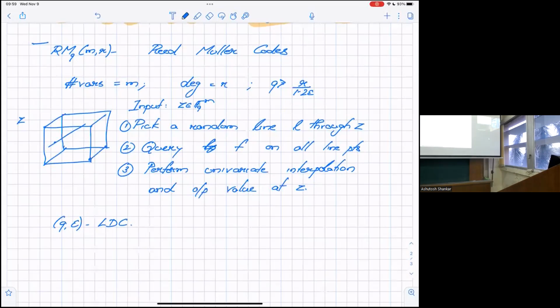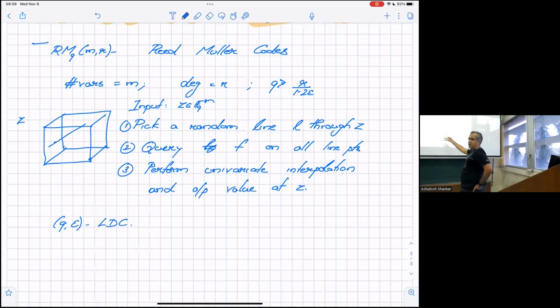It's epsilon, that's what's given to you. We are reading q points. What's the probability that any one of the q points is erroneous? Epsilon q. So as long as the code can support epsilon q errors, which is obtained by choosing r small enough compared to q, you can withstand epsilon q errors, and hence you are able to do this. So this is a q epsilon LDC.